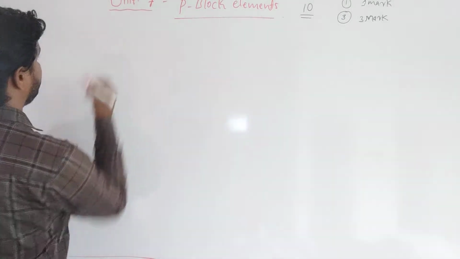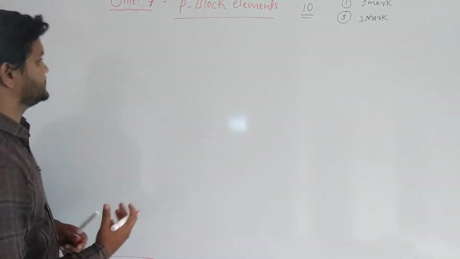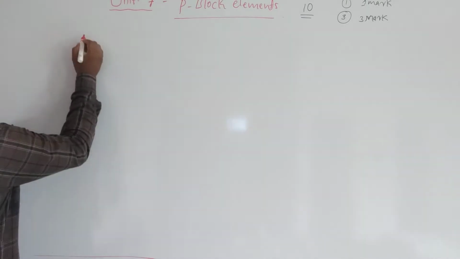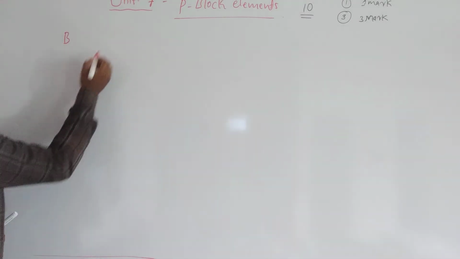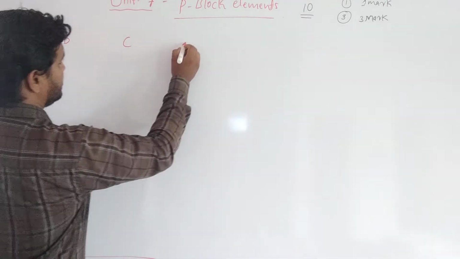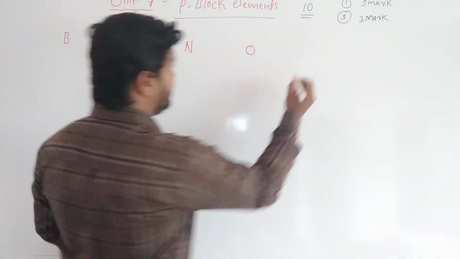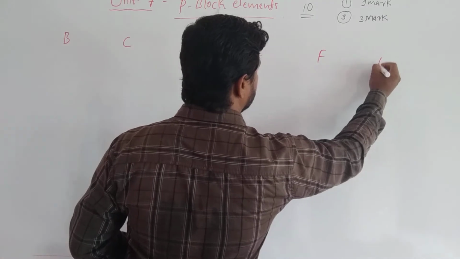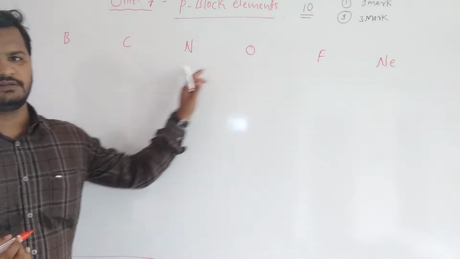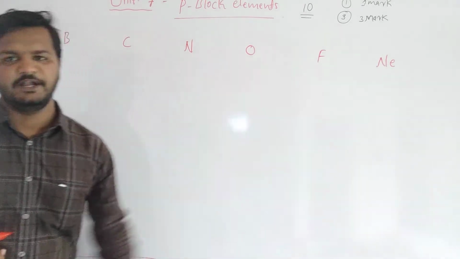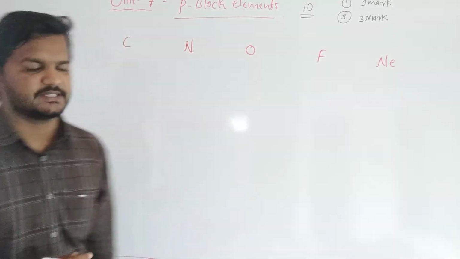Okay students, let us start with the groups of p block elements. The first group is the boron family. Boron, carbon, nitrogen, oxygen, fluorine, and neon are the first members of the p block groups.